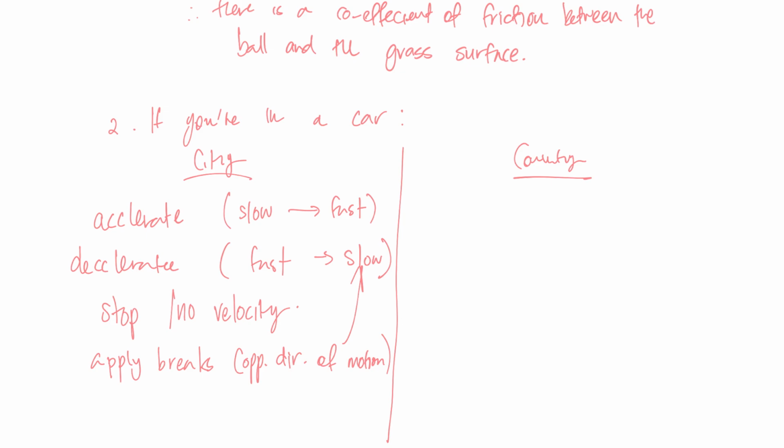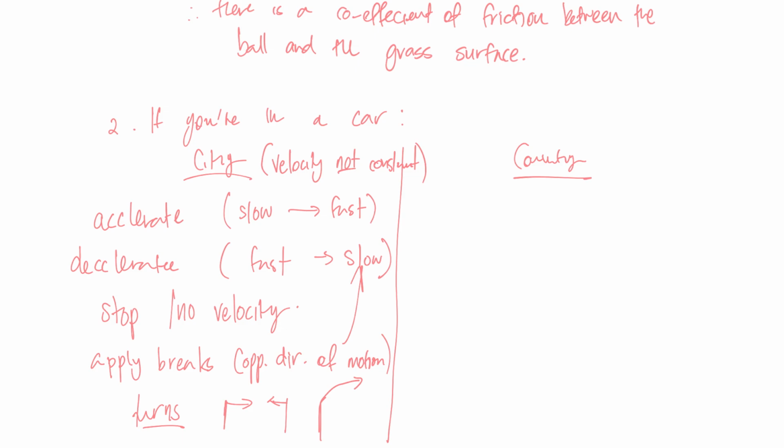Often what happens when you're in the city is you're making constant turns. You can go to the right, you can go to the left, you can take a turn that looks like that. Whatever the case is, your velocity is not constant.